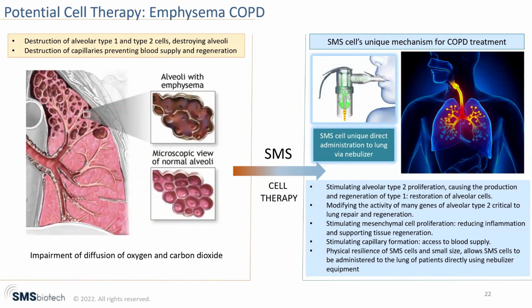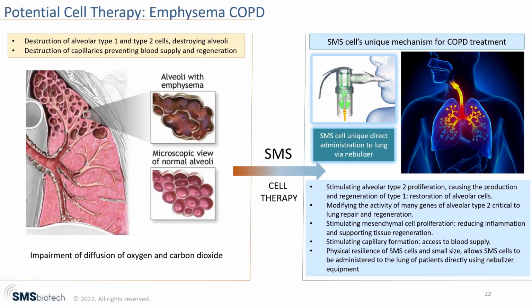So the upcoming cell therapy for emphysema, COPD in patients will be based on the unique resilience of these cells, their small size, when we administer them using a nebulizer.